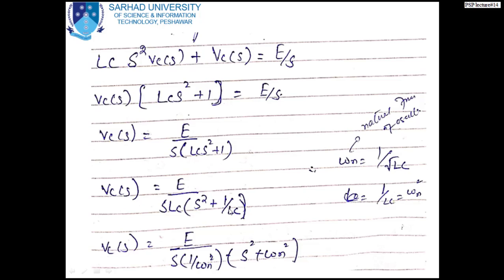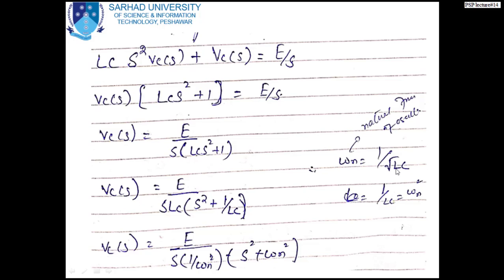Now gentlemen, the natural frequency of oscillation omega n is equal to 1 over the square root of LC. That is from simple circuit theory. The natural frequency of oscillation in radians, and in hertz, f will be equal to 1 over 2 pi square root of LC.